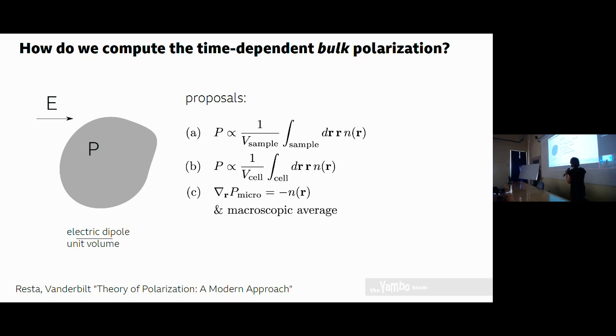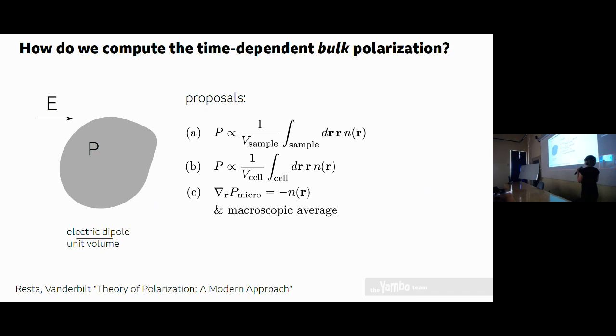Another option I may have is, okay, this is a periodic crystal, so I can look at the unit cell and just do the same as here, but just for the unit cell. Or I can just use this relation between the microscopic polarization and the density.